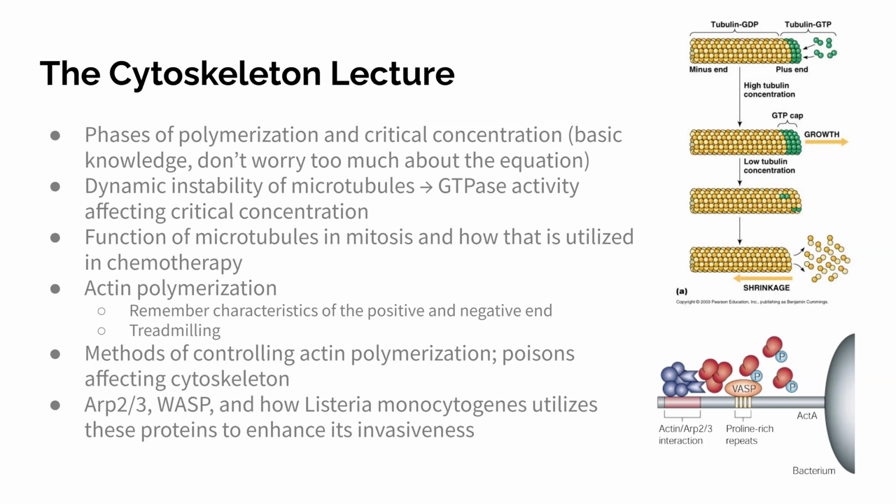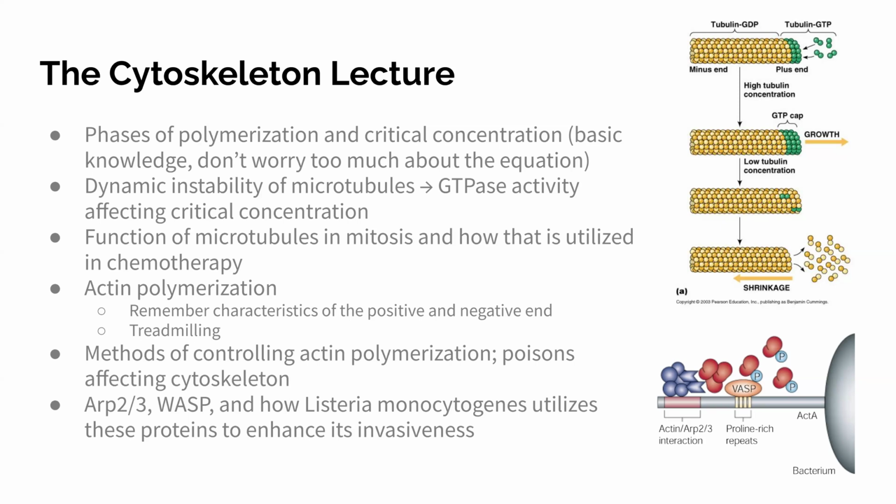And is WASP involved at all? WASP is part of a signaling cascade. It's what will activate Arp2/3 to cause the actin to form those branches.